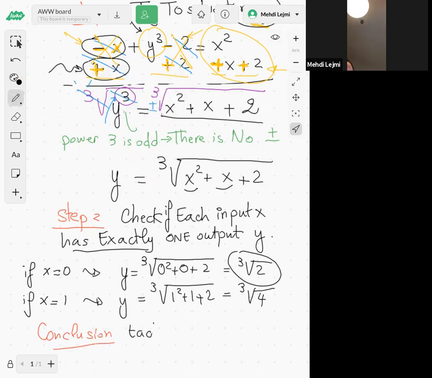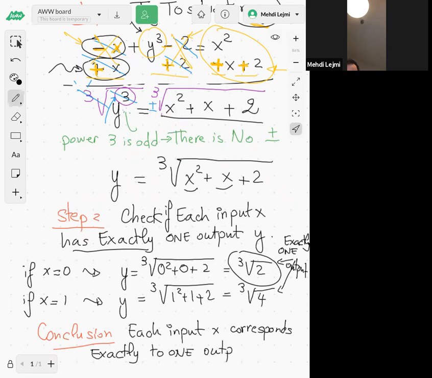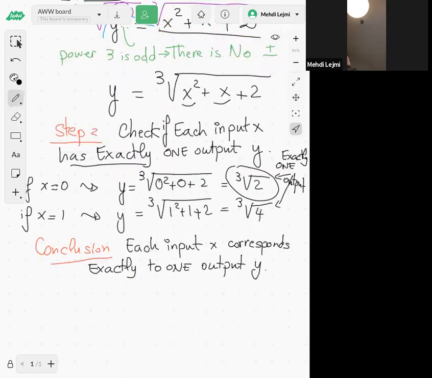So the equation minus x plus y cubed minus 2 equals x squared is a function. So this is a function.